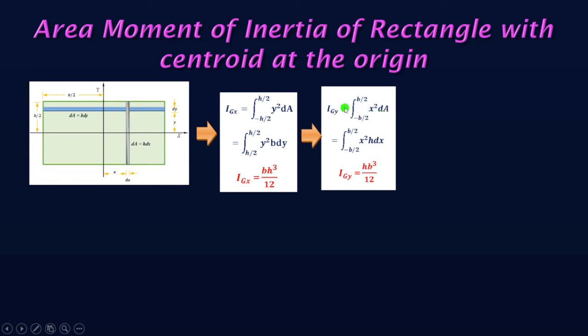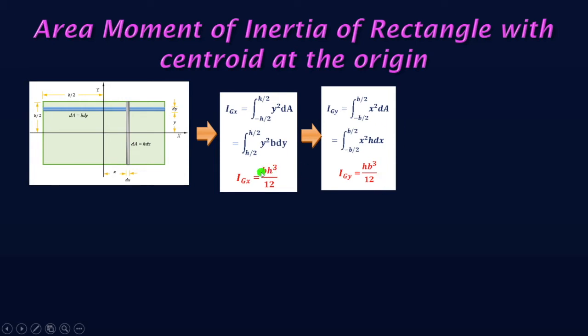Similarly, the formula is x square dA, where dA equals h dx. h is the height, dx is the thickness, so h dx is the area. Similarly, substitute, and the limit of x is minus b by 2 to plus b by 2, as the total width is b. Then substituting that, we get IGY equals hb cube by 12.